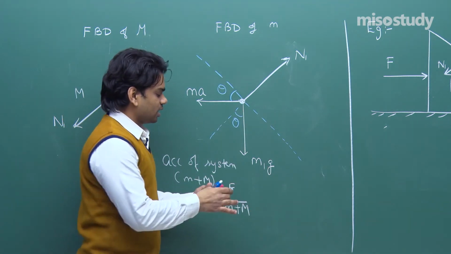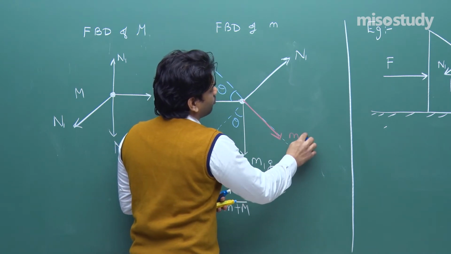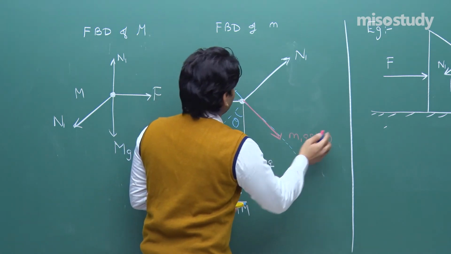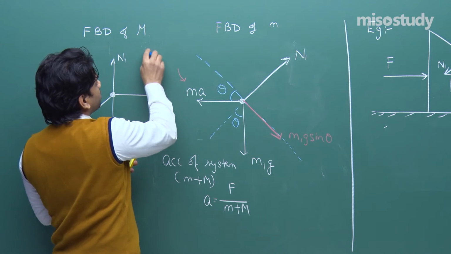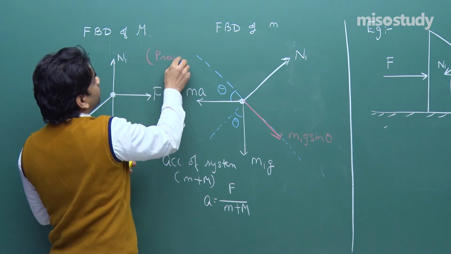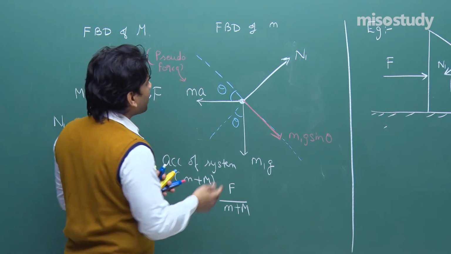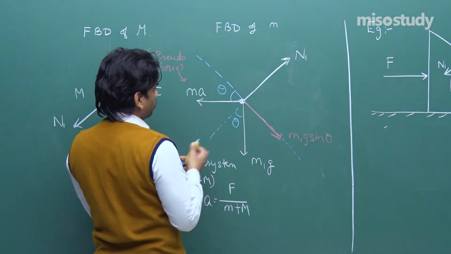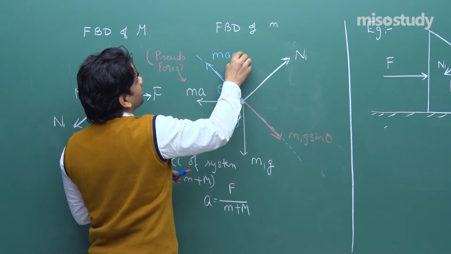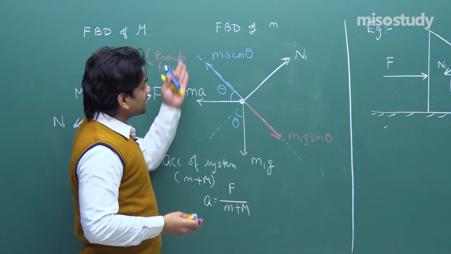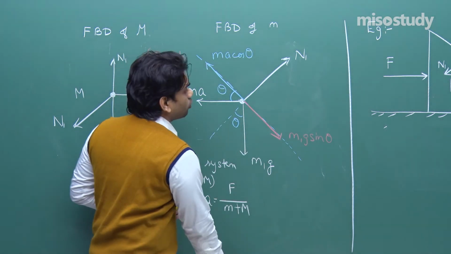The mg component along the incline will come out to be mg sine theta. Now ma is the pseudo force which we have applied on small m. The ma component along this line will be ma cos theta. Since this block was not moving along the incline, let us use Newton's second law, net force is equal to mass into acceleration.